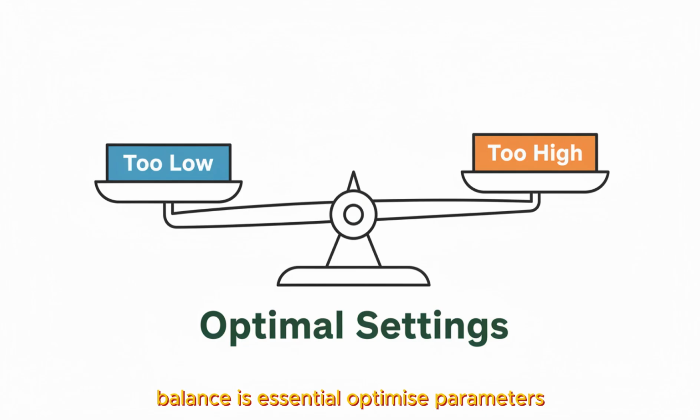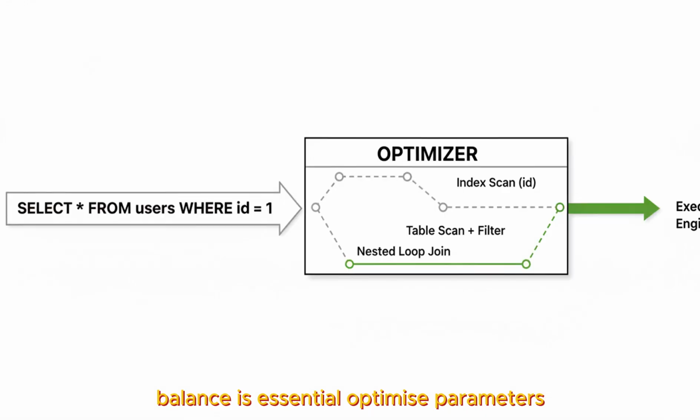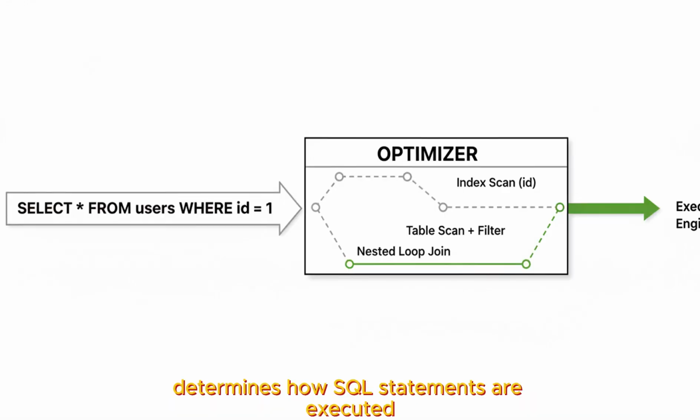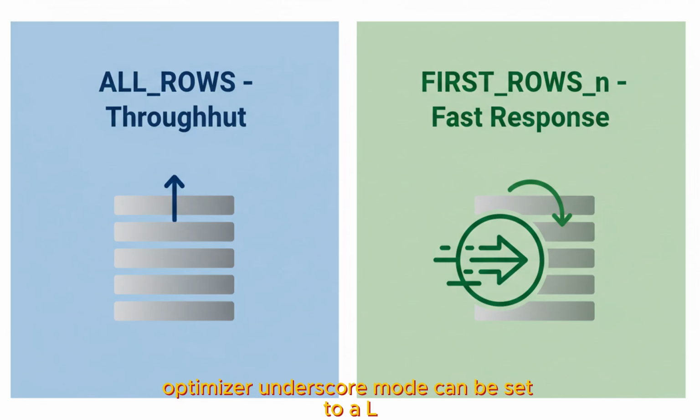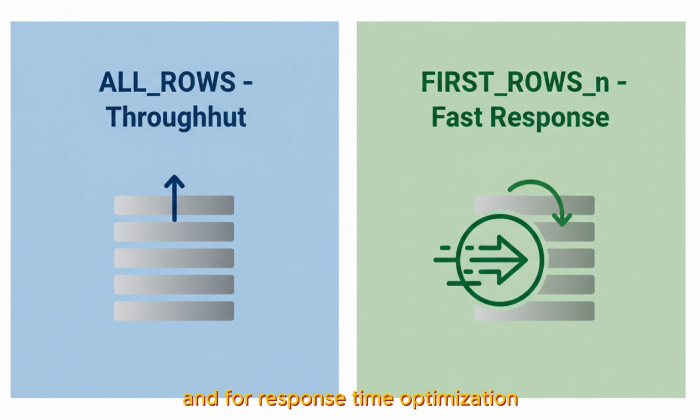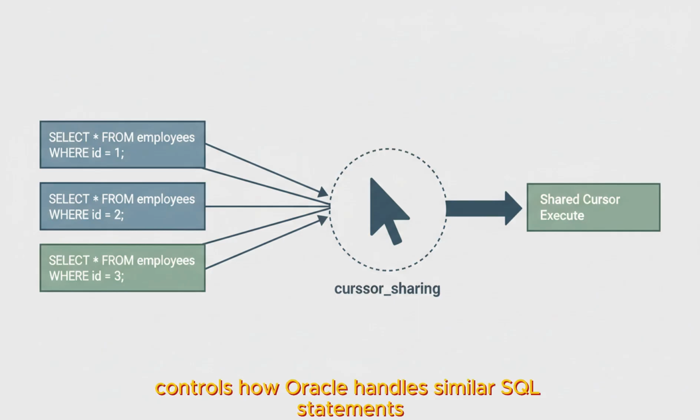Balance is essential. Optimizer parameters. The optimizer determines how SQL statements are executed. Optimizer_mode can be set to ALL_ROWS for throughput or FIRST_ROWS_n for response time optimization. Cursor_sharing controls how Oracle handles similar SQL statements.